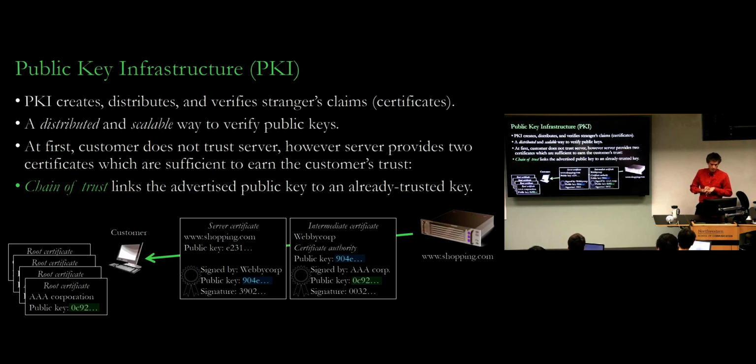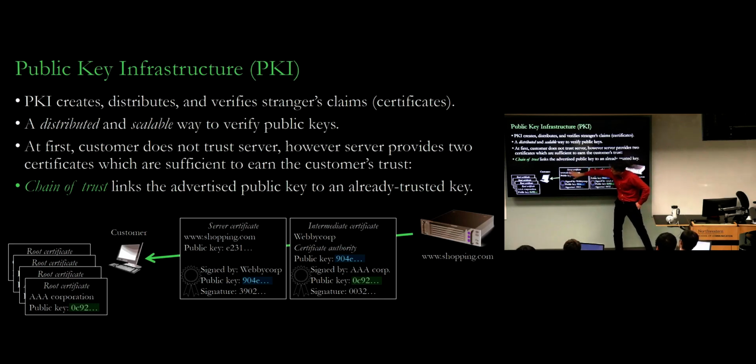Okay. So when the customer connects to www.shopping.com, we don't know ahead of time what the public key is of that server. So in order for us to learn what the public key is, the server provides us with a chain of certificates. First of all, there is its own certificate, which says that www.shopping.com has this public key, and that whole document is signed.